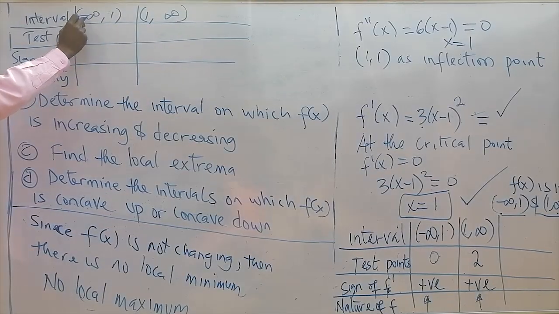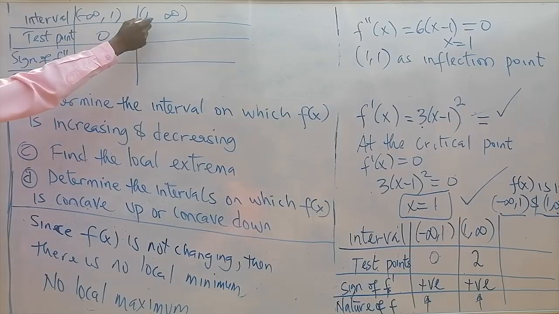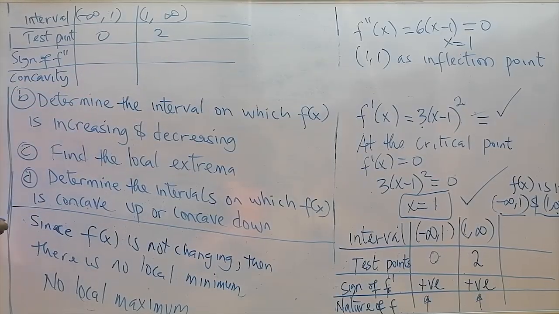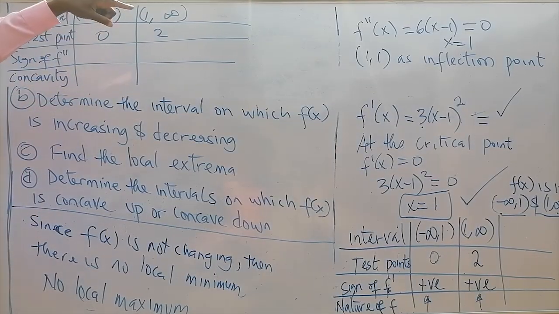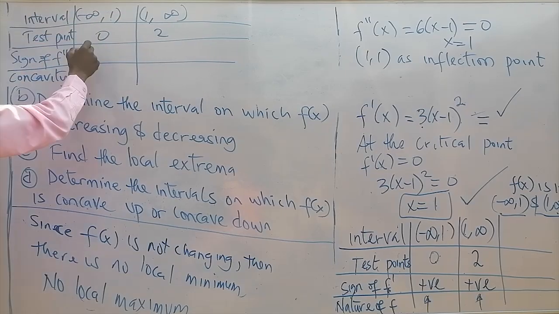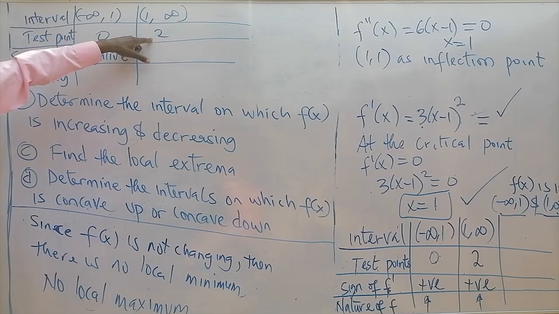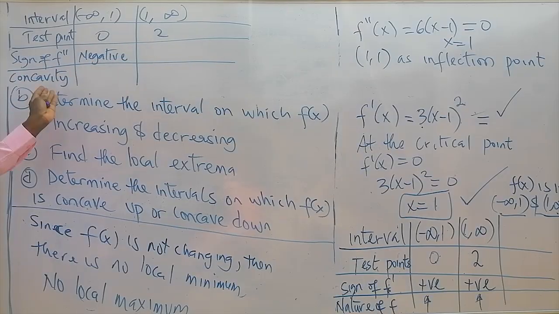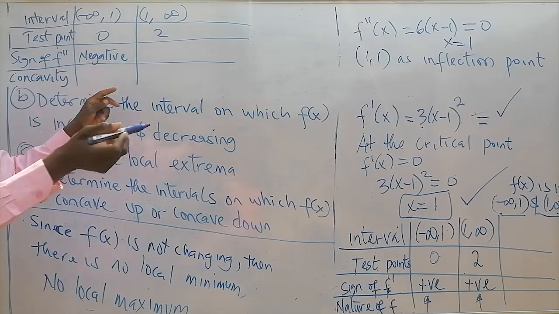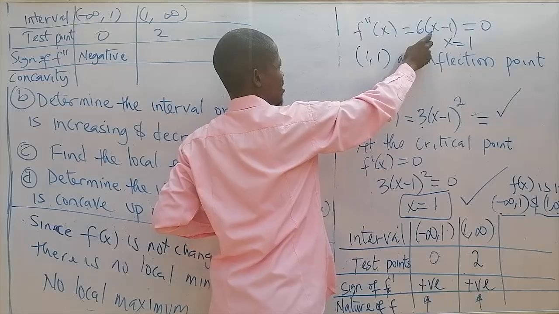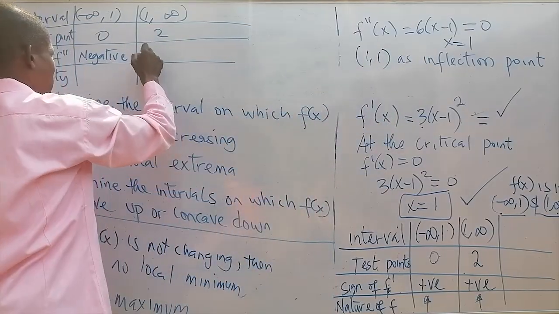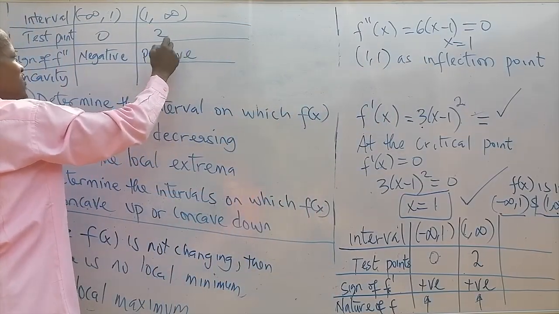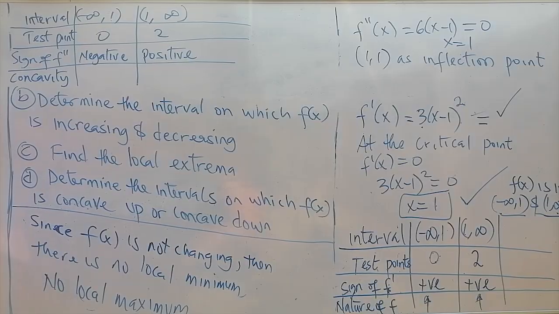For the test points, between here we can pick 0 also. The test point here, we can take 2. Then put those values in your second differential. When it's 0, you have negative. When it's 2, put it there, 2 minus 1, that's 1, so this one is positive. We don't need the value, we just want to know whether it is positive or negative.